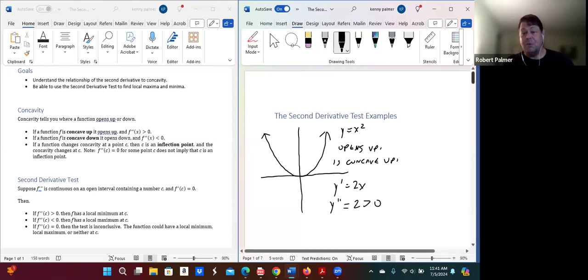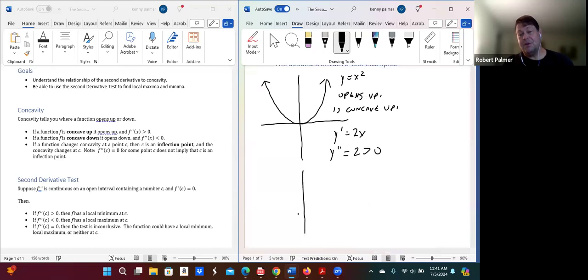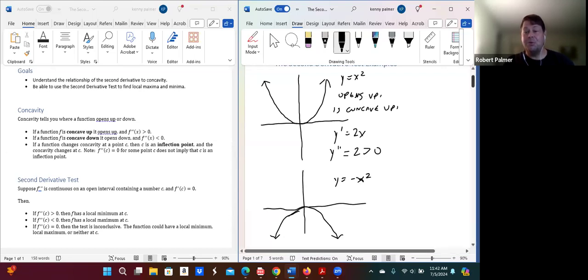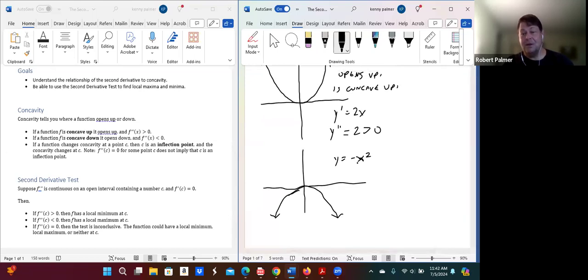Now, let's look at a similar example: y equals negative x squared. A parabola is the same as y equals x squared, except with a negative. Hopefully you remember from algebra that if you put a negative in front of a function, it gives you a reflection through the x-axis. This one obviously opens down, which means it's also concave down.